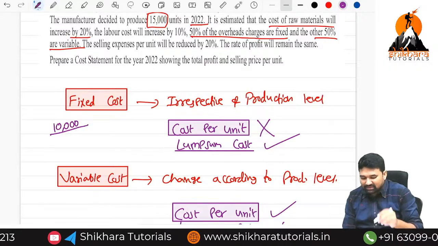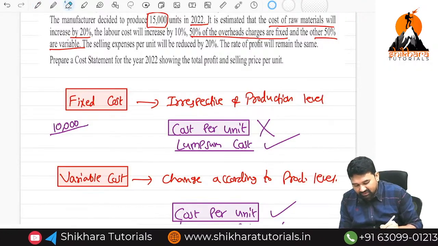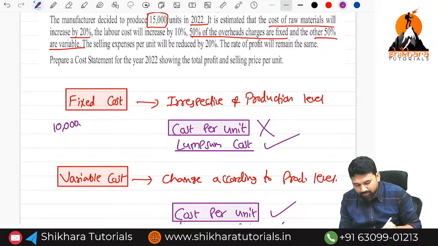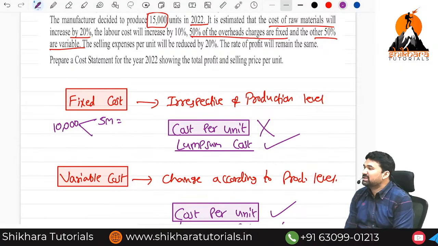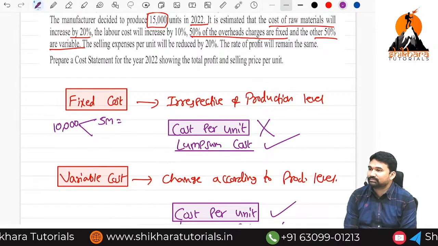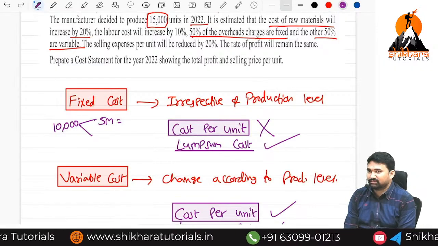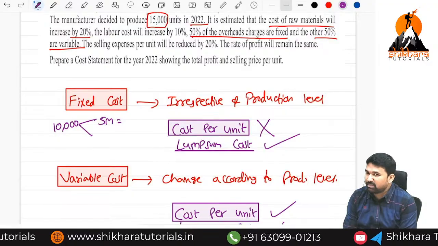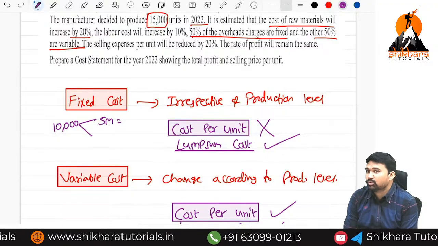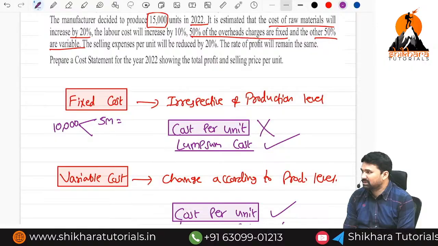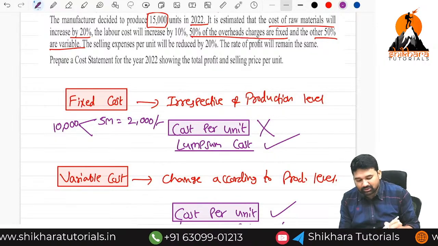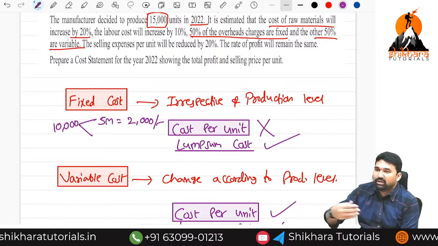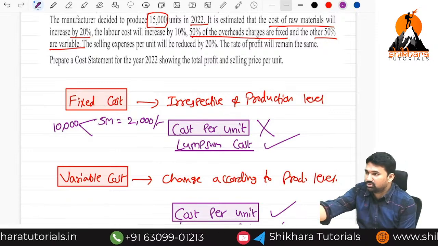Listen. Say for example, if 5 members are going for a trip, how much will be the cost per head? 2000. Why? 10,000 divided by 5, how much? 2000. So 5 twos are 10. So cost per head is 2000.